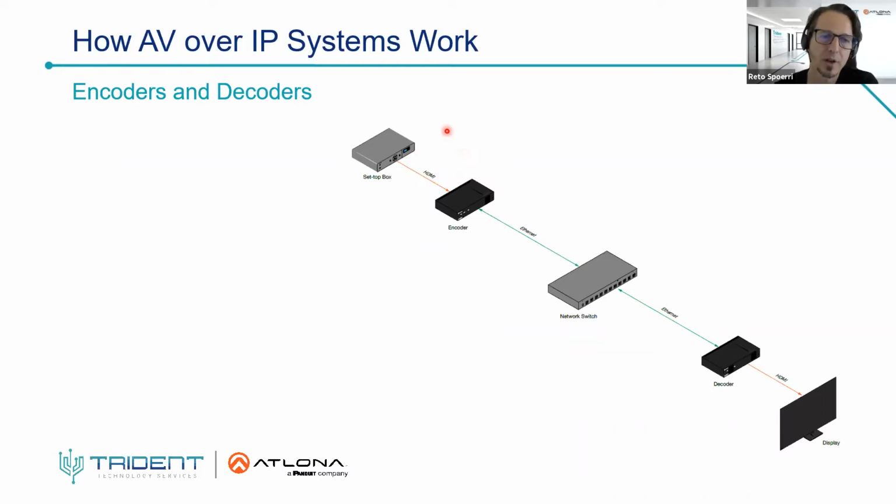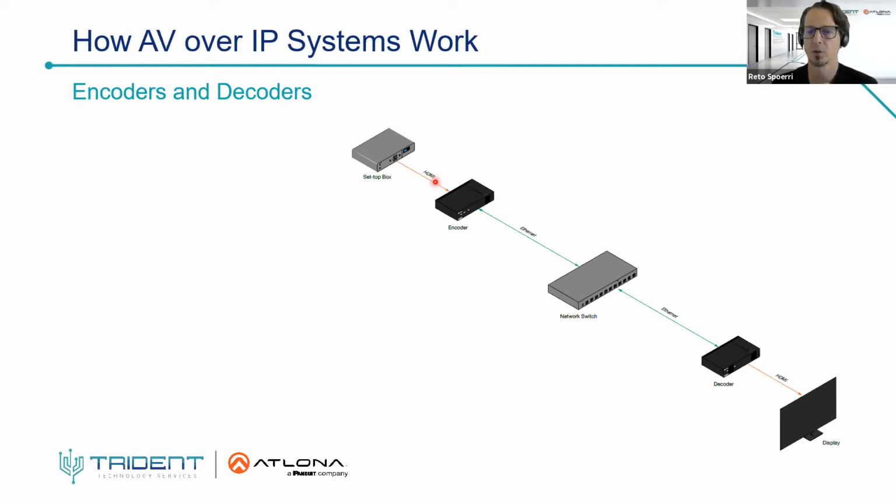To give you a figure, a 4K signal in the fullest flavors of colors and frame rates will be up to 18 gigabit per second as the data rate. So the 18 gigabit per second will be too much for the network. Of course, if you only have one, that will be easy, but if you have a couple dozen signals, that will be too much. So the encoder takes care of data compression.